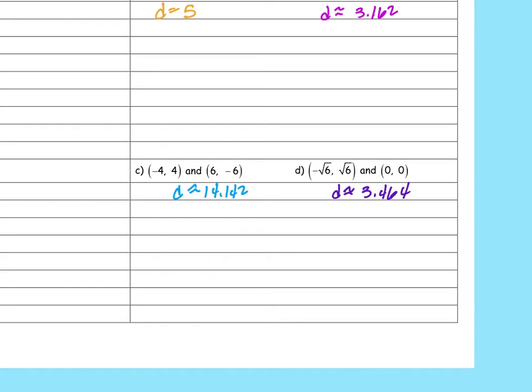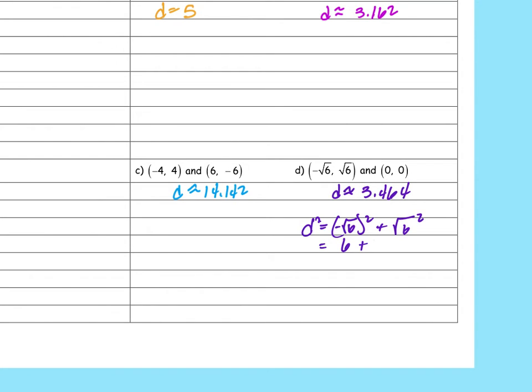I got 8 for D. You got 8? Well, 8.4. So my distance squared is going to equal negative square root of 6 squared plus the square root of 6 squared, right?